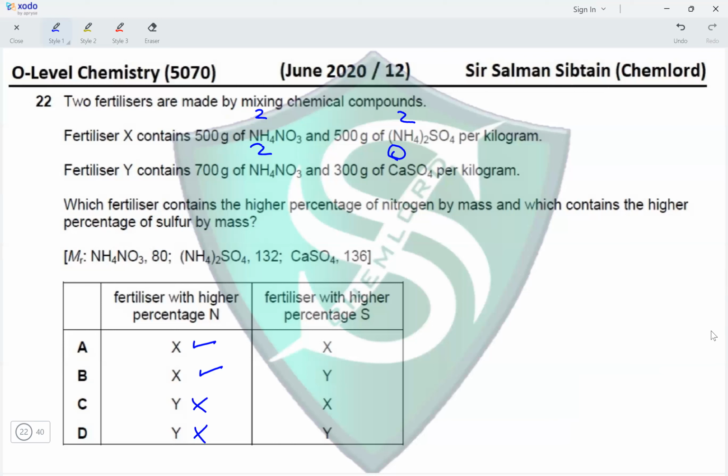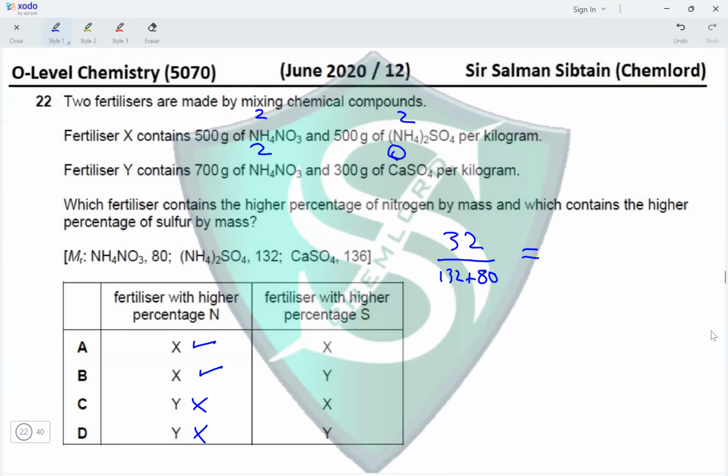Now let's look at the fertilizer with the higher percentage of sulfur. In the case of ammonium sulfate, we've got one sulfur atom present, so 1 mole of sulfur, and the mass of sulfur would be 32 out of the total mass, which is the mass of ammonium sulfate, 132, plus the mass of ammonium nitrate, 80.